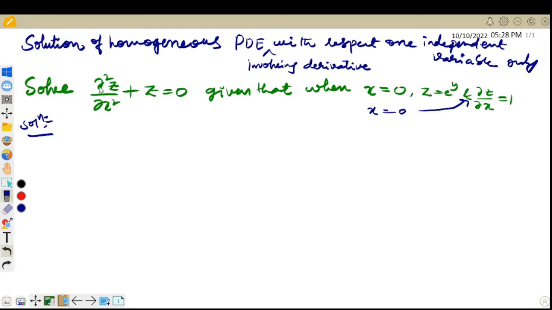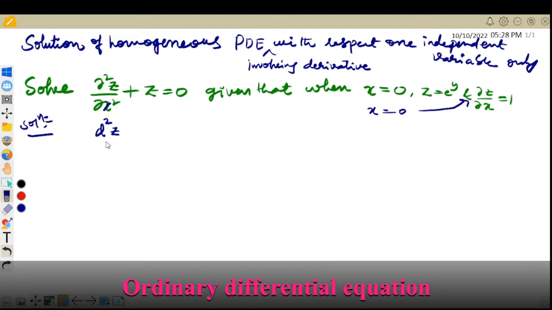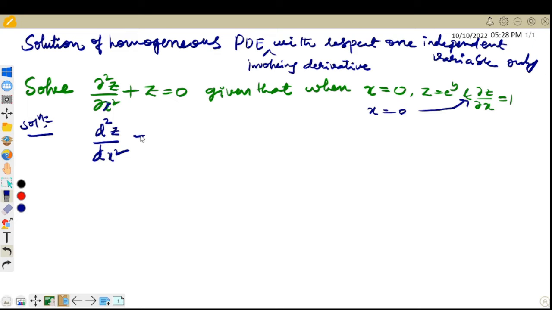Look at this: it is a partial derivative with respect to one independent variable x. So whenever a partial differential equation involves a derivative with respect to one independent variable, it becomes an ordinary differential equation, d²z/dx² + z = 0.